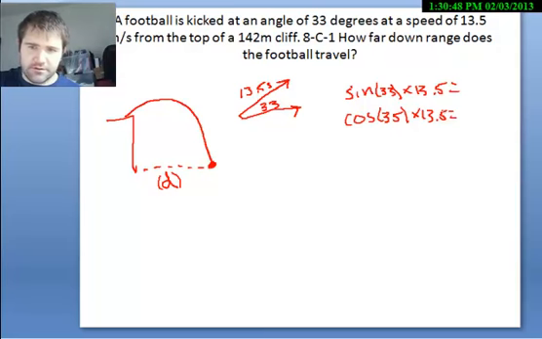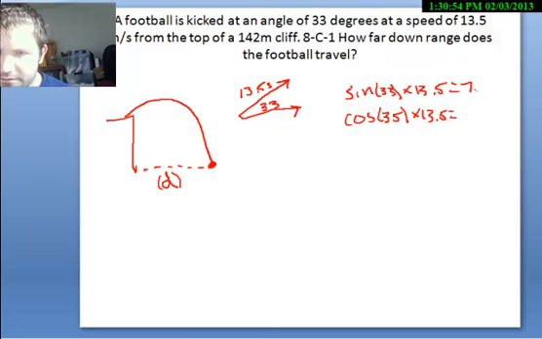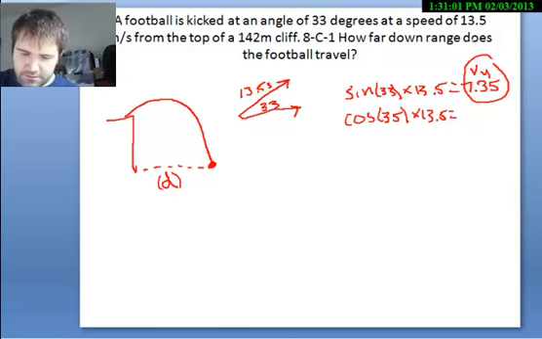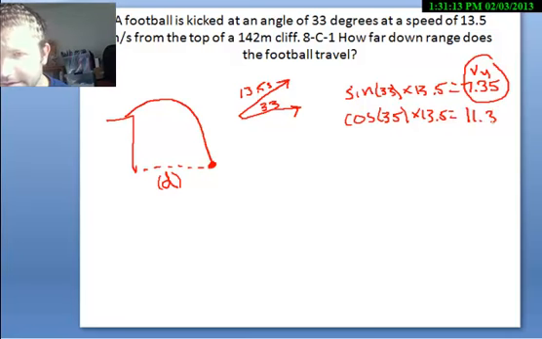Sine of 33 times 13.5, 7.35 is my initial vertical velocity, and cosine of 33 times 13.5, 11.3 is my initial horizontal velocity.